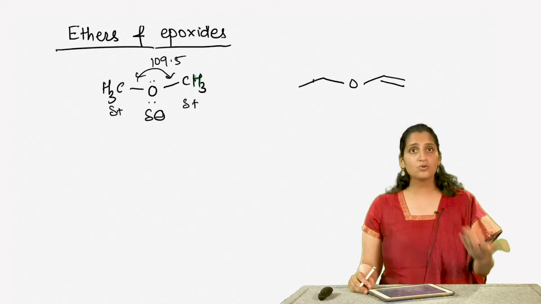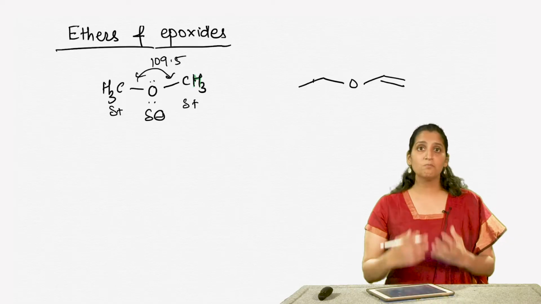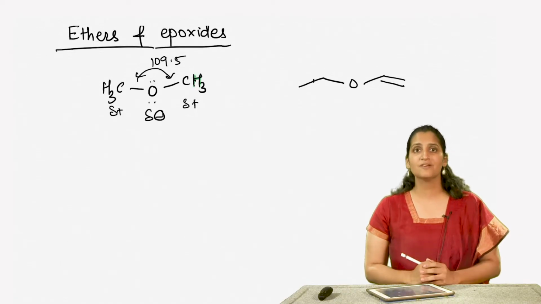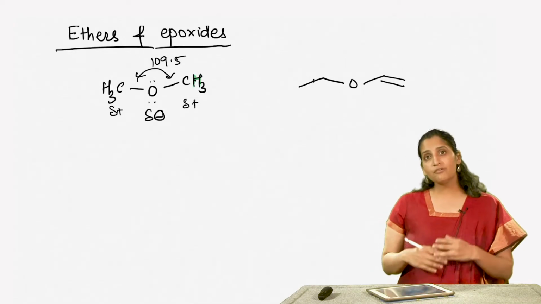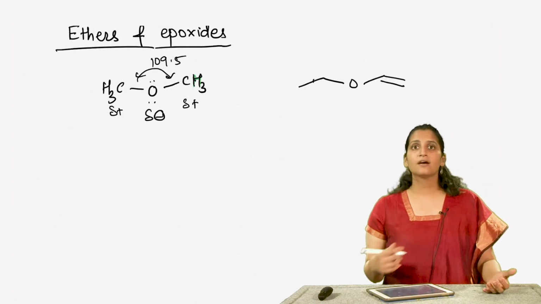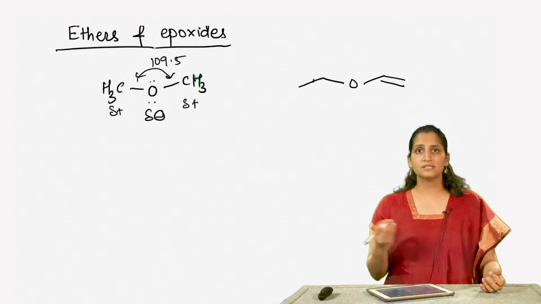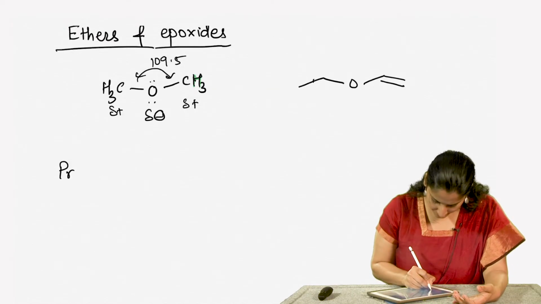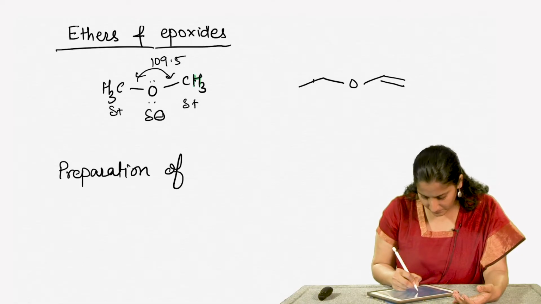Now, let us go over some of the reactions to make ethers, and this will be kind of revision of some of the reactions that we have seen before. So, one of the good ways to make an ether is a synthesis called Williamson's ether synthesis.